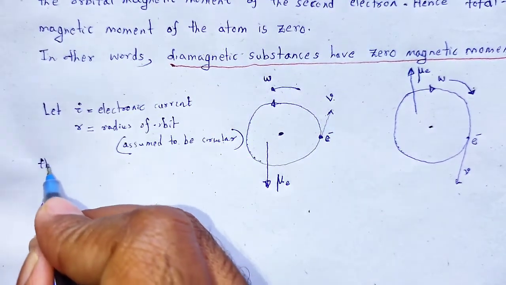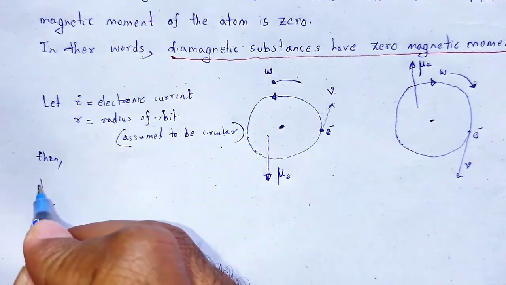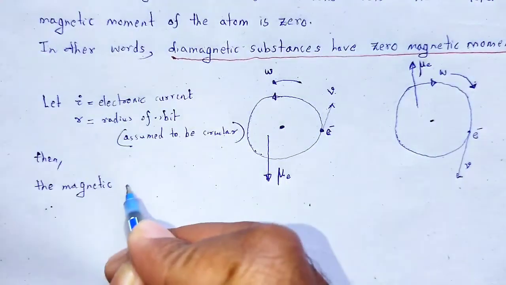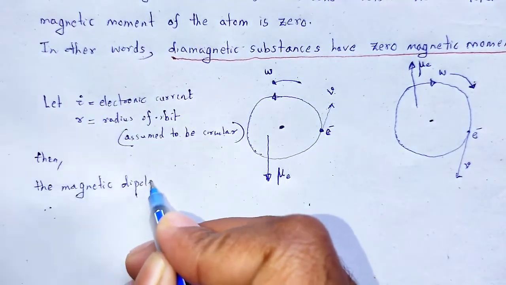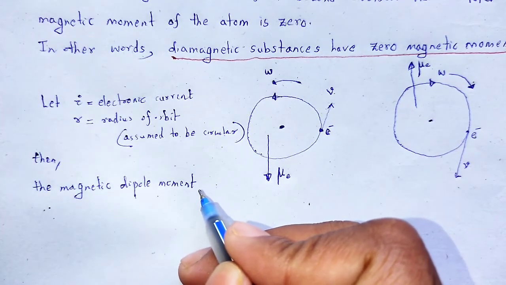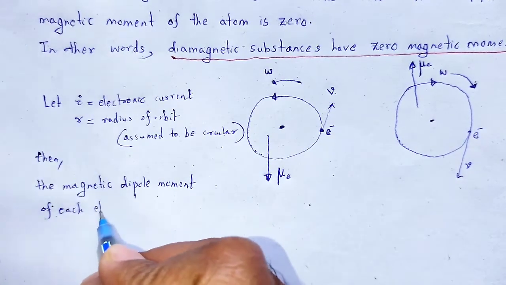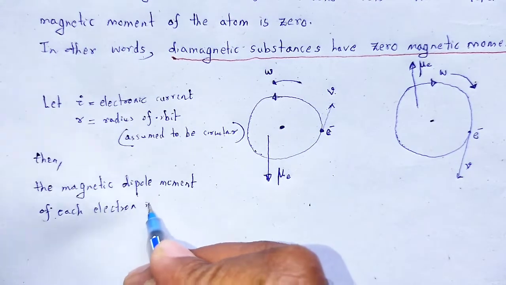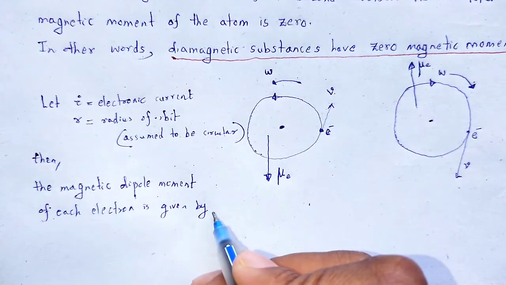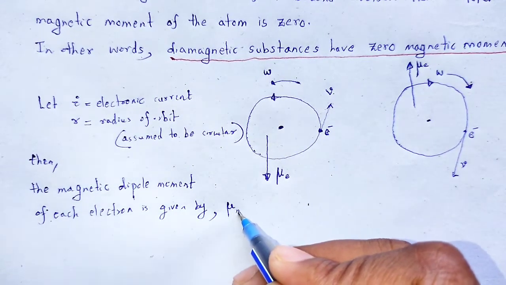Then the magnetic dipole moment of each electron is given by mu m.